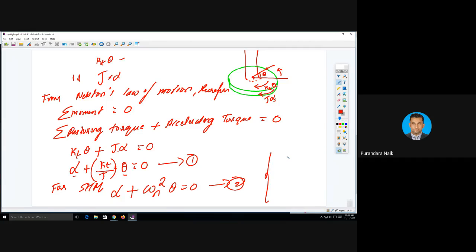Because for the spring mass system, we have the SHM equation: a plus omega n square into x is equal to 0. I have taken the same equation, but here I have taken angular acceleration, and here we have theta. That's all. Compare equation number 1 and 2. Copy this. Time up. Do it fast.